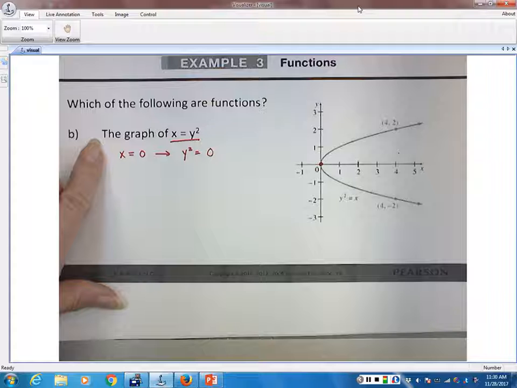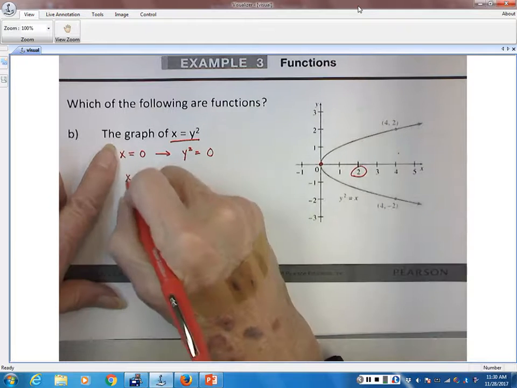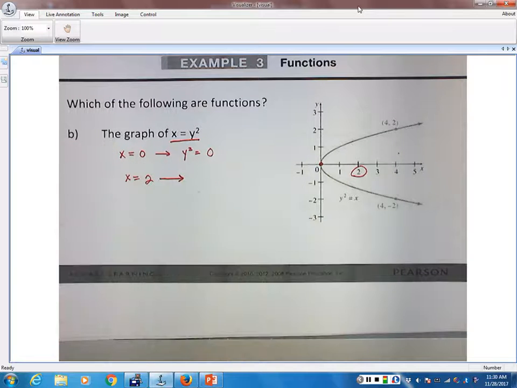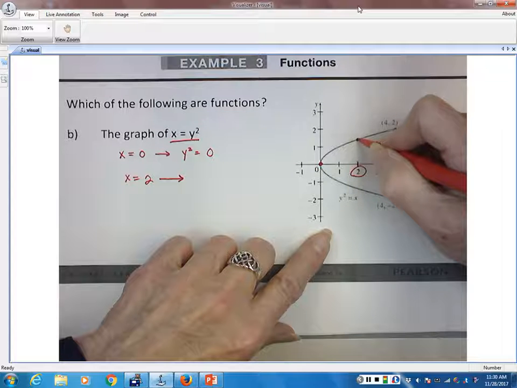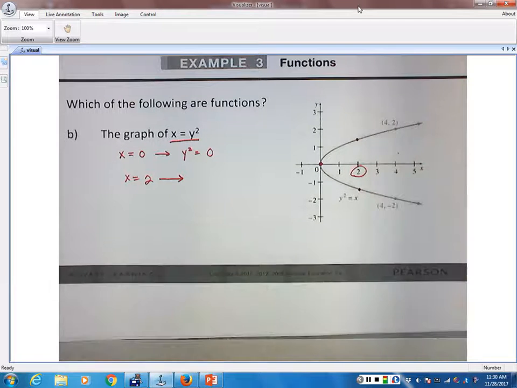So that's 1 to 1. But if x is 2, what you see from reading the graph is it's got one value here and a different value there.